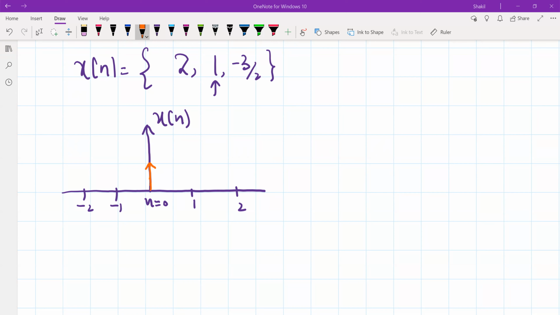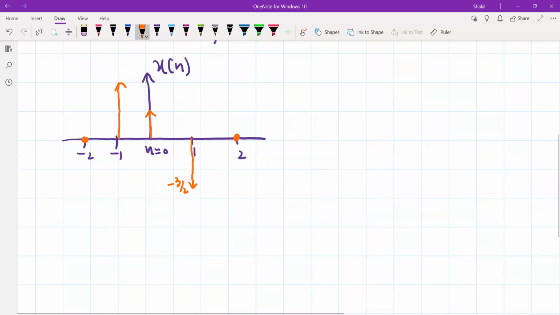The value at n equal to minus 1 is 2. Similarly, the value at n equal to 1 is minus 3 by 2, meaning 1.5 in magnitude, or simply minus 3 by 2. So this is our sequence. The rest of the samples are 0.